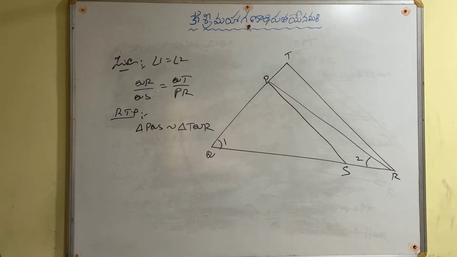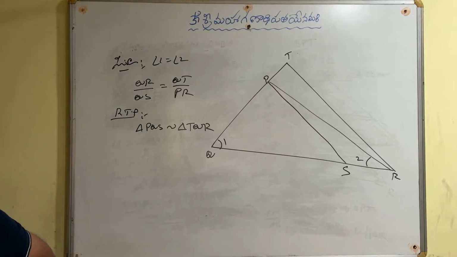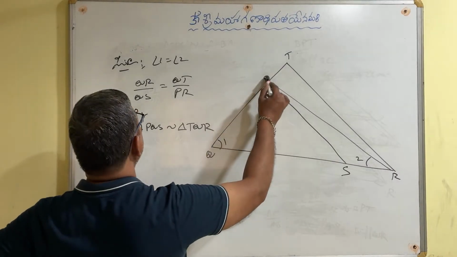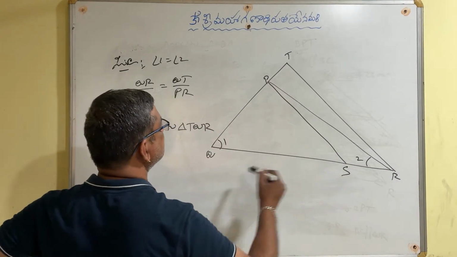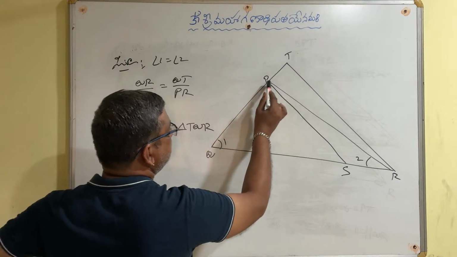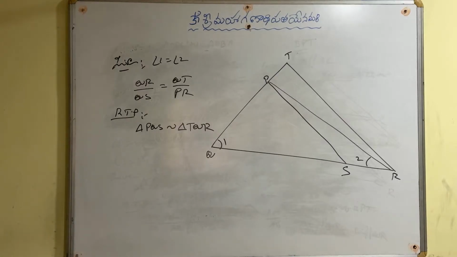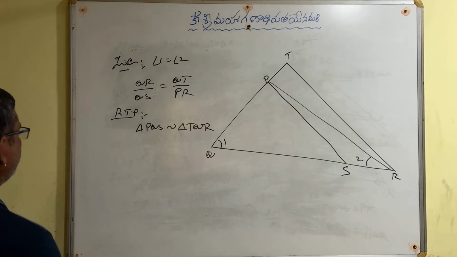Right. What is given? Angle 1 is equal to angle 2, and not only that, QR by QS is equal to QT by PR. Okay? Now, proof.